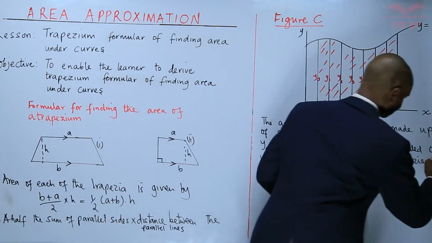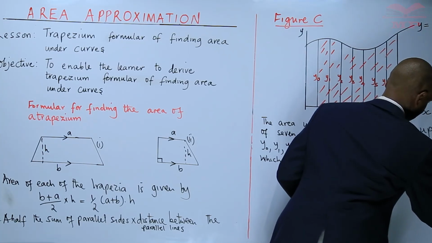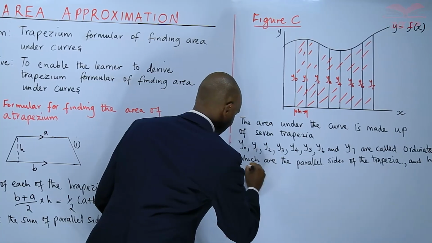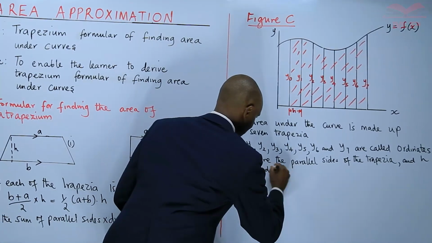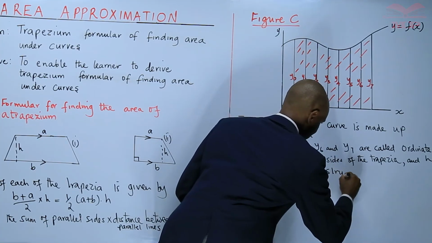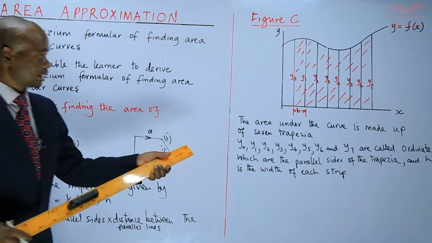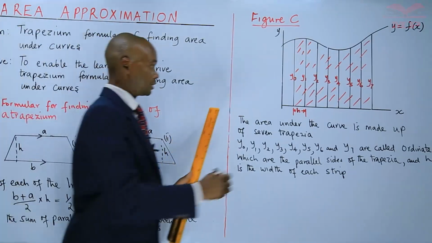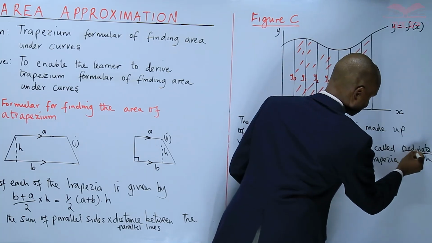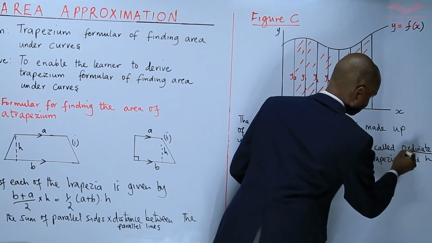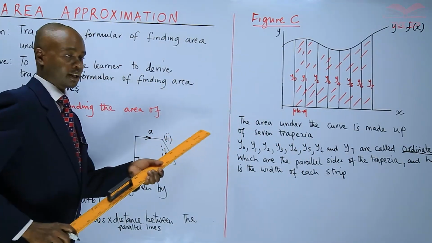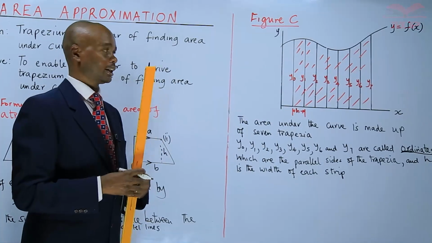And h is the width. So you note, learner, these are called the ordinates, and the width is h.